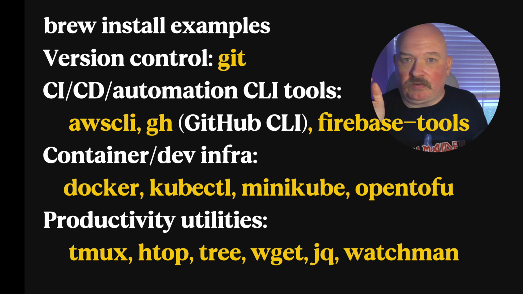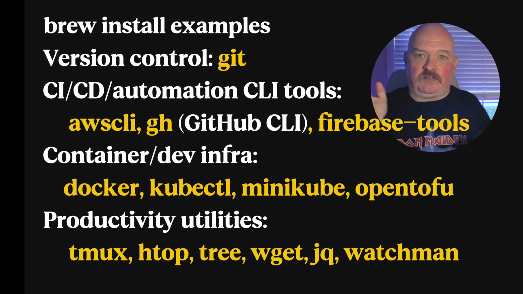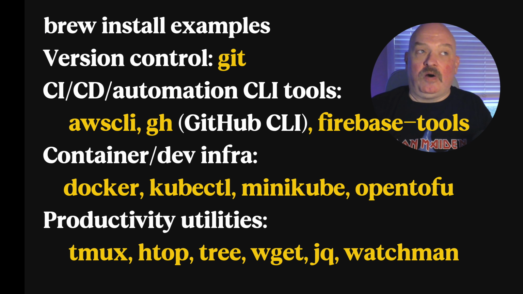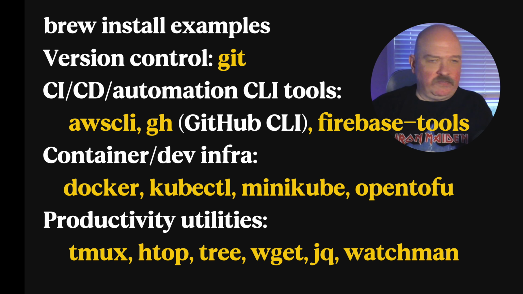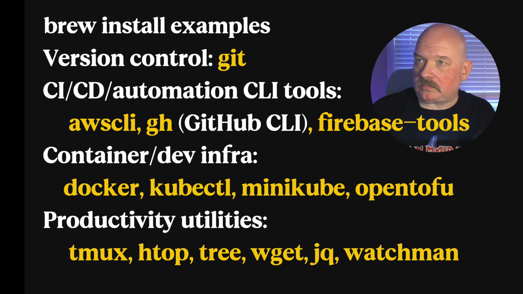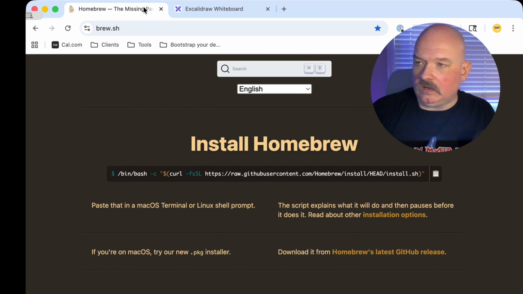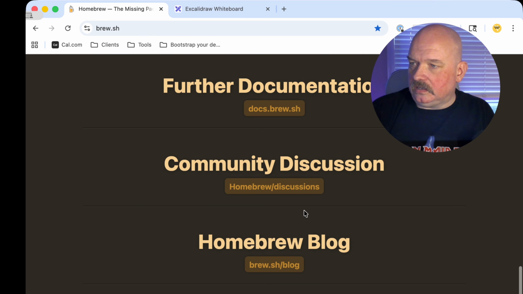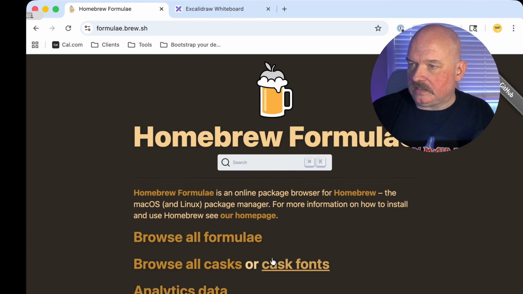Then container and dev infra stuff like Docker, Kubernetes, OpenTofu, which is now what you use instead of Terraform if you want an open source tool. Productivity utilities like Tmux, htop, tree, wget, jq, Watchman. Install what fits for you. There's a whole list over here on brew.sh of packages.